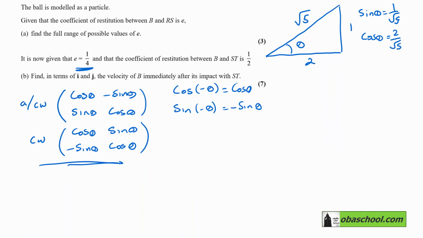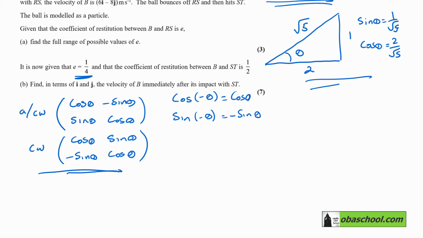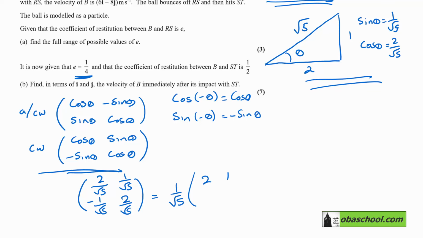And the angle we're rotating by is theta, and we've already looked at theta up here. So our rotation matrix would be 2 over root 5, 1 over root 5, negative 1 over root 5, and 2 over root 5, which is 1 over root 5 times 2, 1, negative 1, 2. Now this is just a scale factor, so we're going to use just the 2, 1, negative 1, 2.